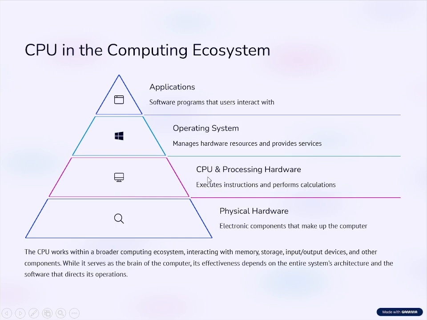The work of the CPU on this motherboard is to execute instructions and perform calculations. Then this CPU is not going to work on its own. It is going to get instructions from the user, and the user will always interact with software. This type of software is a system software called the operating system, which will manage the hardware resources and provide the services or give instructions that are required to be processed by the CPU.